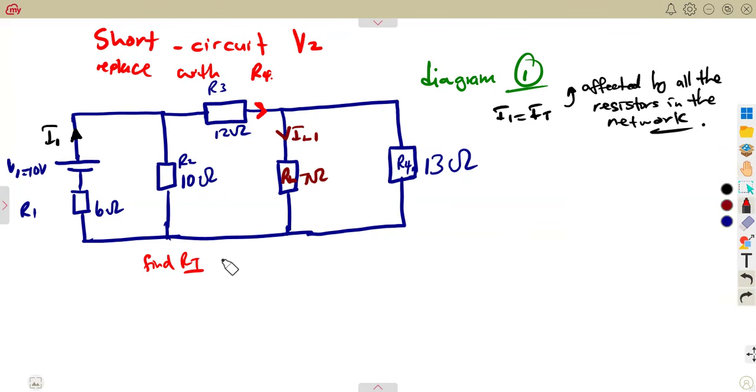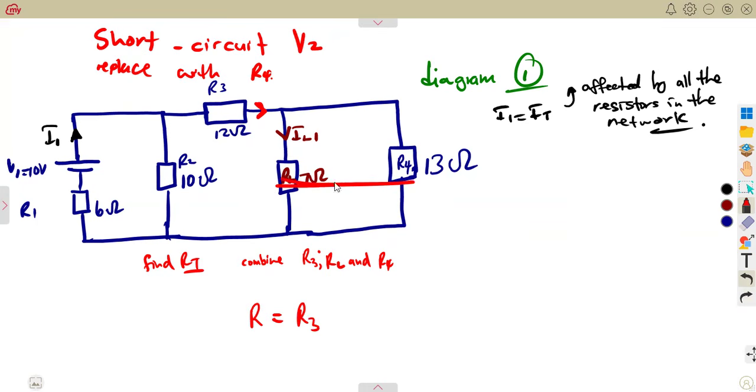So in this case, I'm going to combine R3, RL, and R4. All right, let's start with this first. If we check from R3, it is going to be connected. So let's just call this R, just going to say R is equal to R3.